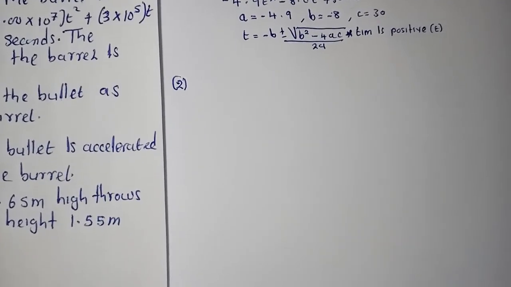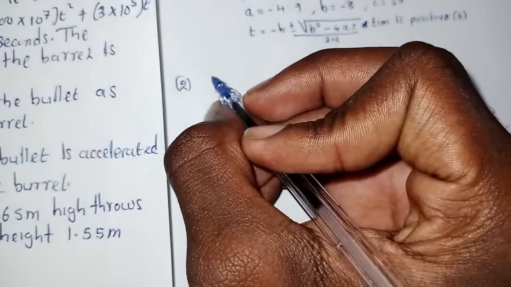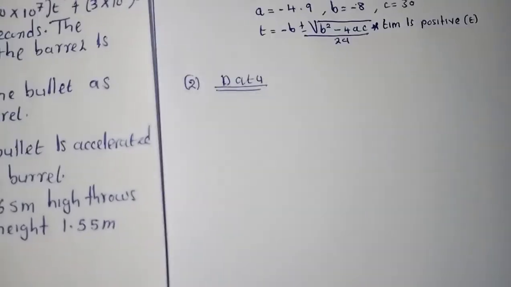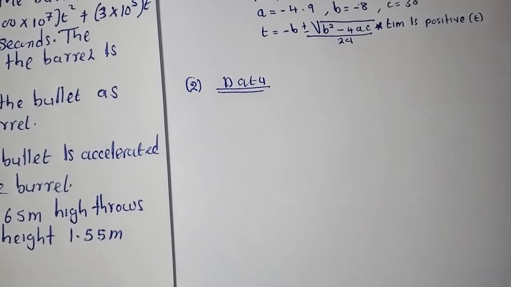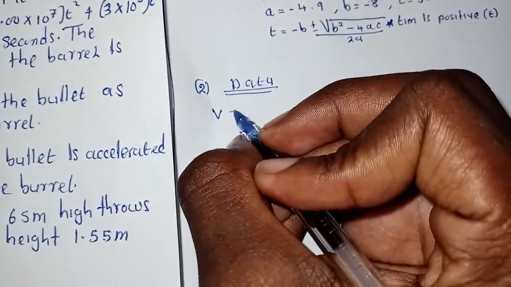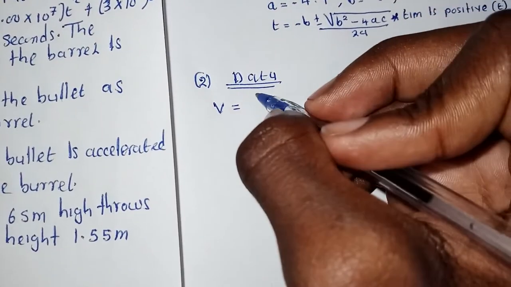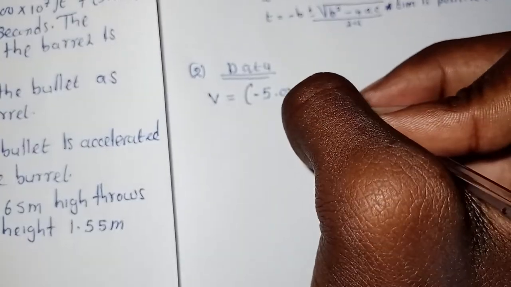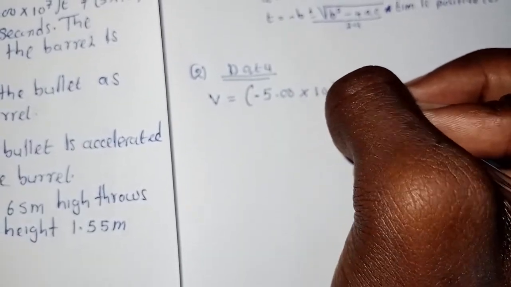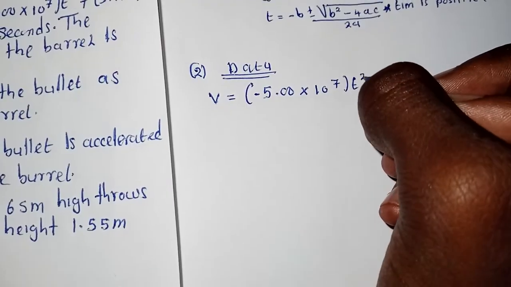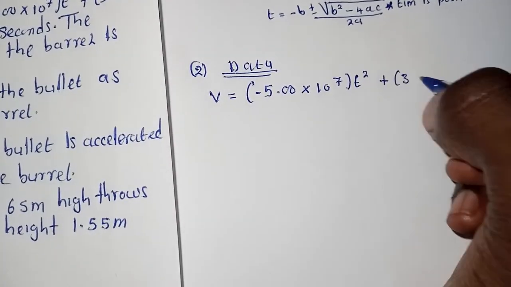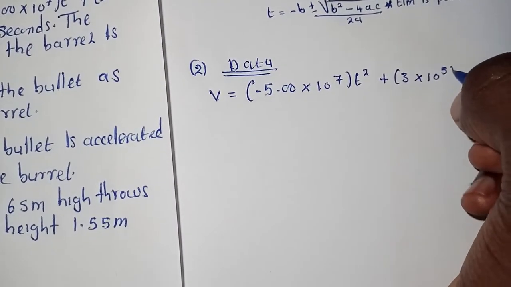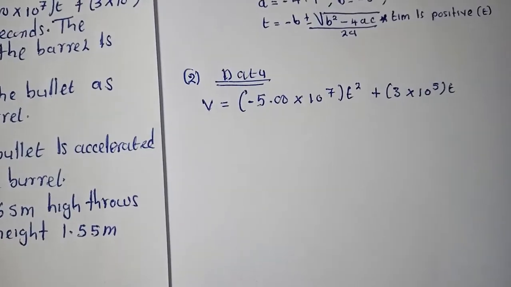According to that data, they are saying that we have a velocity which is equal to negative 5.0 multiplied by 10 to the power 7 t squared plus 3 multiplied by 10 to the power 5 t. Okay, so this is for v.